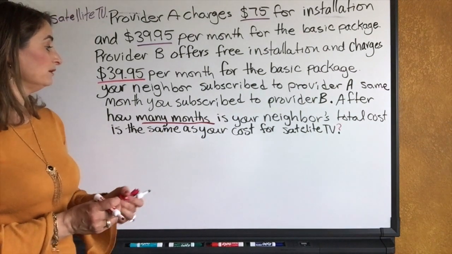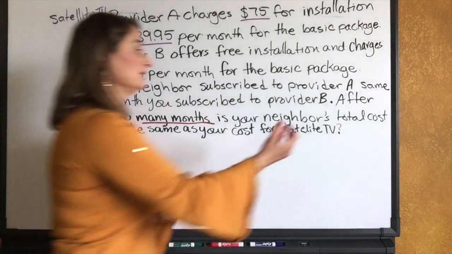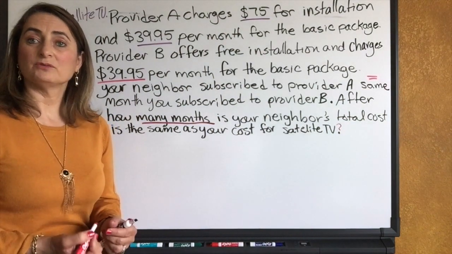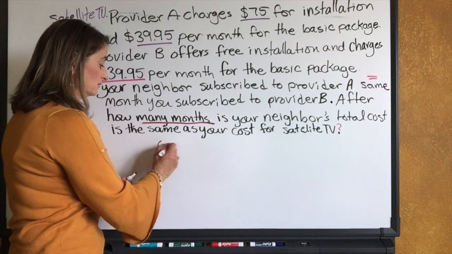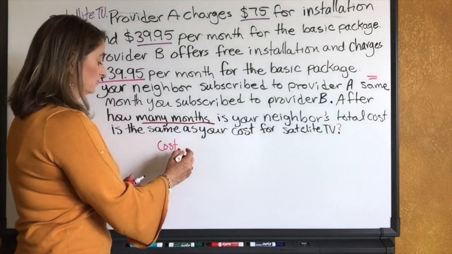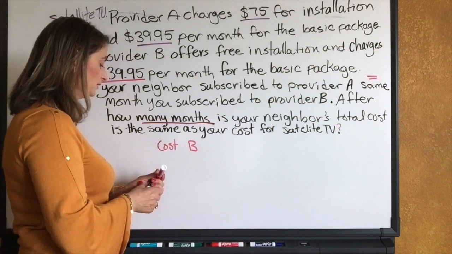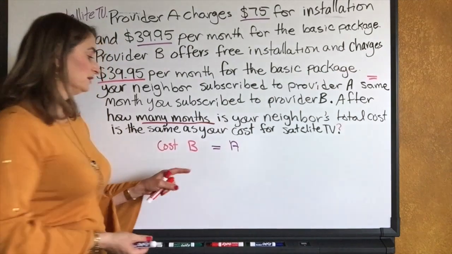We need to know when they will be paying the exact same amount. The word same means equal. So I need two equations, one for the cost for A and one for B. When does B equal the cost for company A? So let's write the equations.